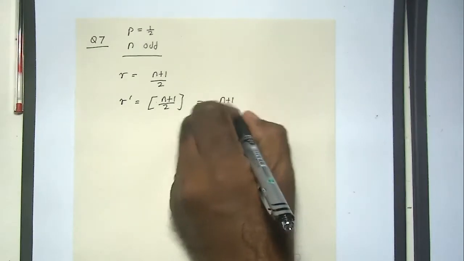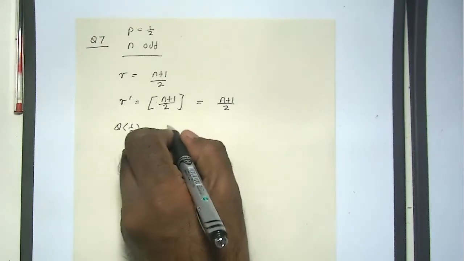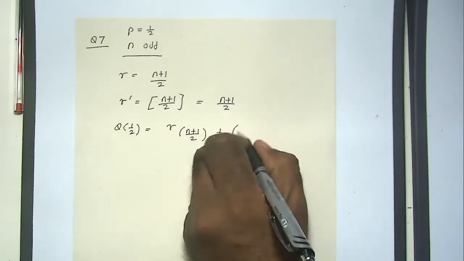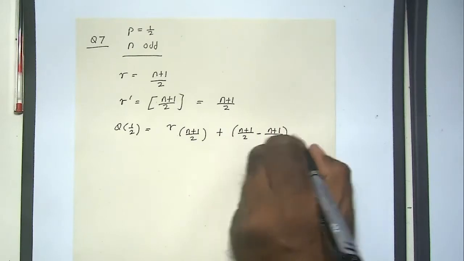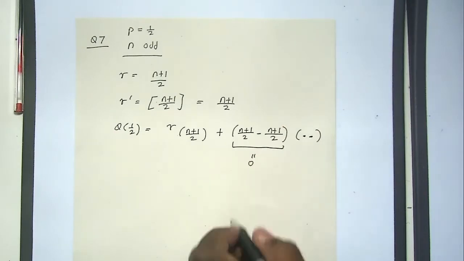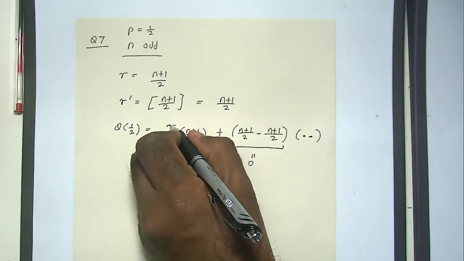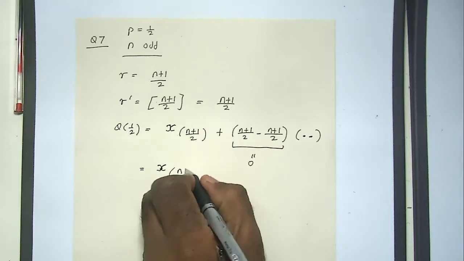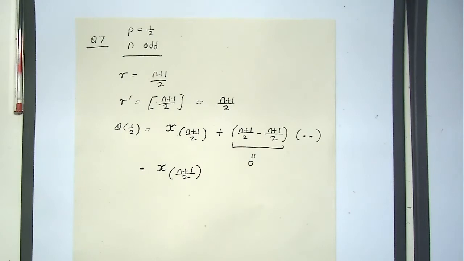So this is q at a half, because this guy here is 0. So this becomes, sorry, I should say x. You follow me? Yeah?